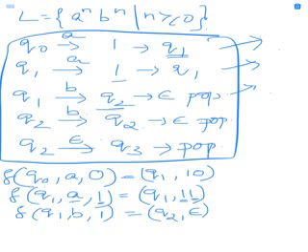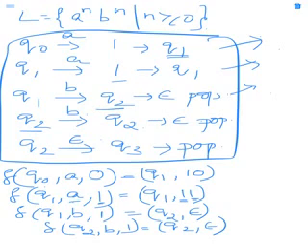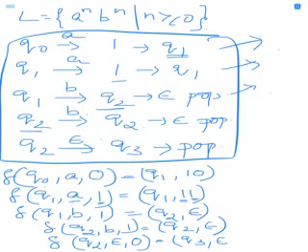Then del of Q2: if it encounters B again and the stack top is 1, it remains in the state Q2 and a pop operation is performed. Del of Q2: if it encounters epsilon and the stack top is 0, it moves to the state Q3 and pops the current stack top, that is epsilon.